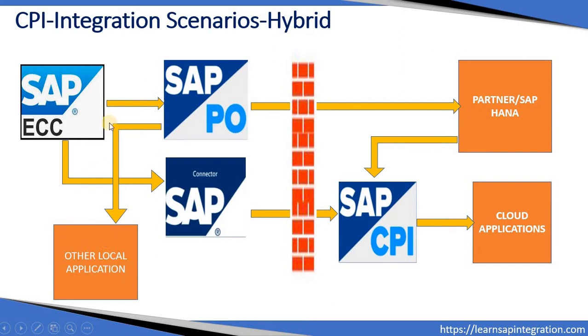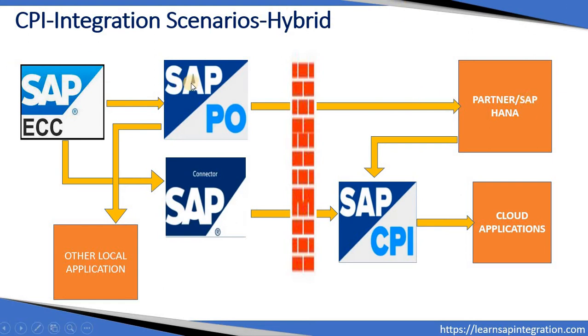There we use SAP PI or PO to connect on-premise to on-premise applications. In the same way, for on-premise to a partner application via firewall, we use the same PI or PO to connect SAP to the partner.